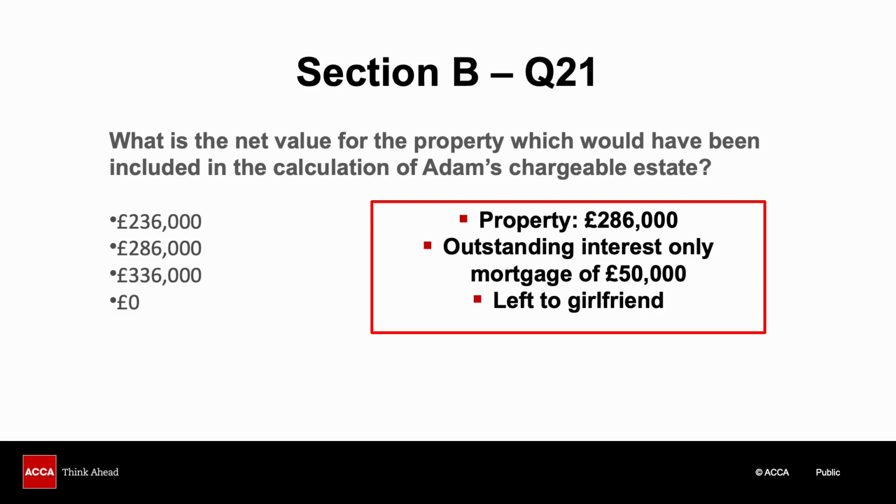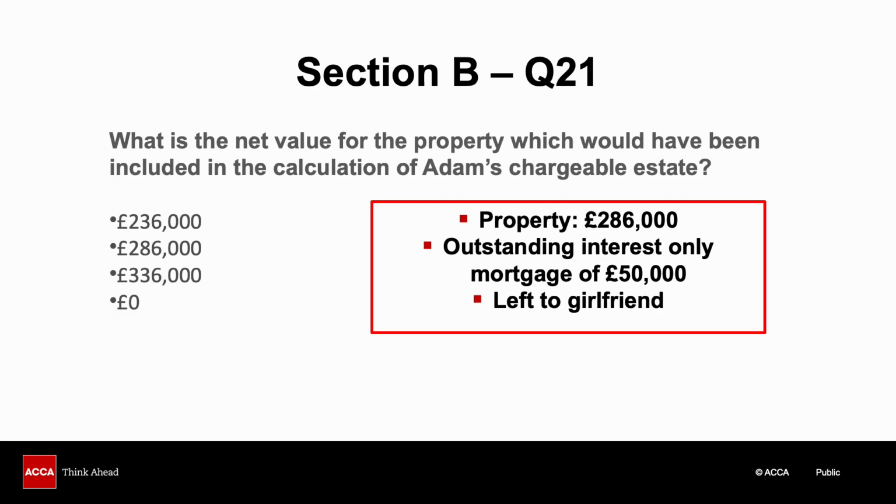We've got this outstanding interest-only mortgage, and does the person that he left the property to have any impact on the value that we would put into the chargeable estate? In terms of the interest-only mortgage, yes, we can deduct that from the value of the property. So we're going to take the 286 and we'll deduct £50,000 from that.